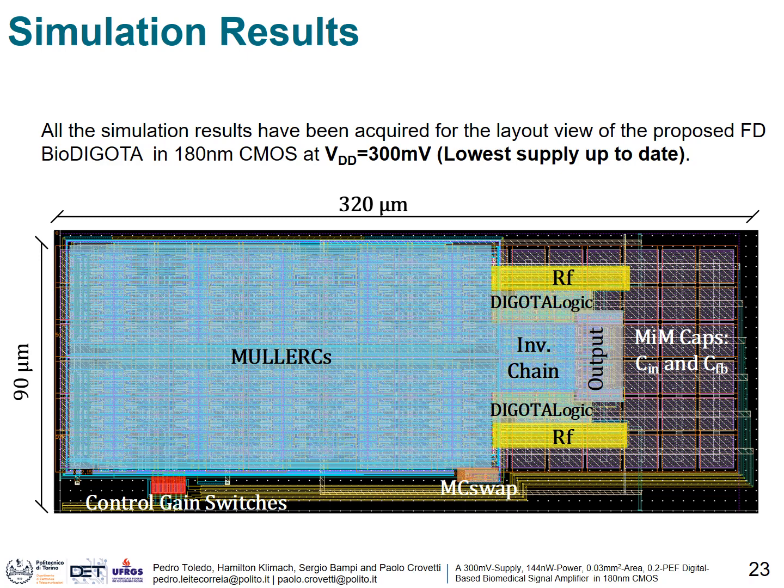In this layout view, we can see that the total area is around 0.03 mm², where most of the area is consumed by the Muller-C input stage in order to achieve the noise performance requirement. Another interesting fact is that the active area of the circuit is placed below the main capacitor in order to save area.